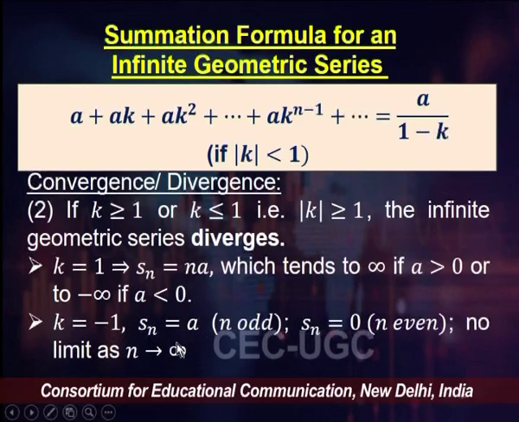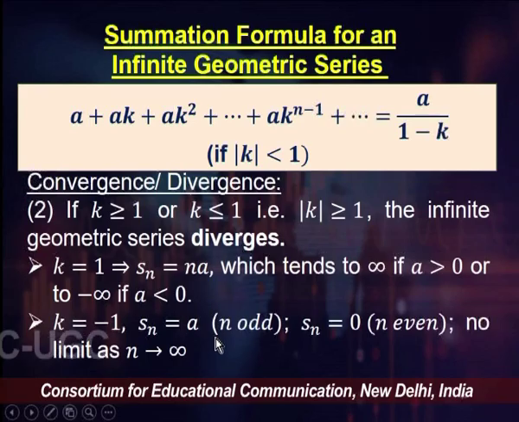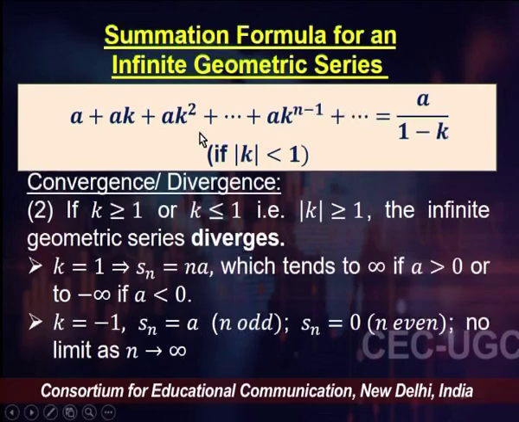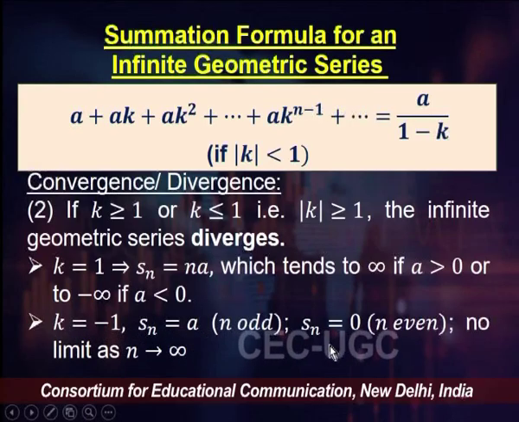If k is equal to minus 1, then the sum is going to be nothing but a for n odd, right, because our series would become a minus a plus a minus a and so on, and if n is odd, then the sum would be a, whereas if n is even, then the sum is going to be 0.